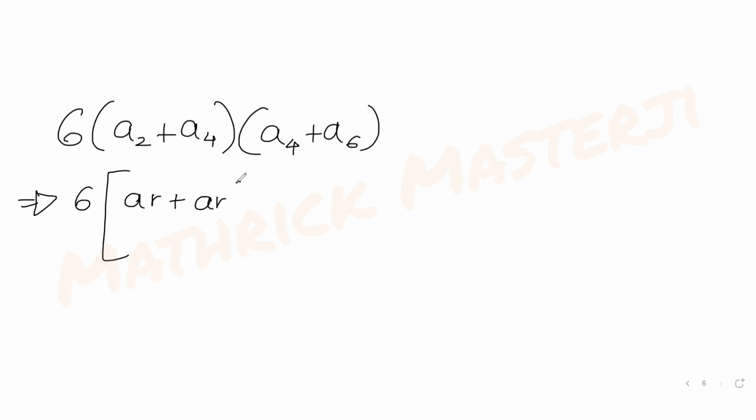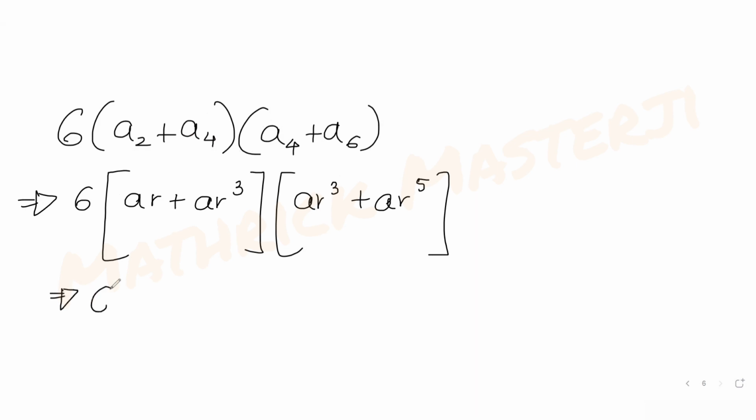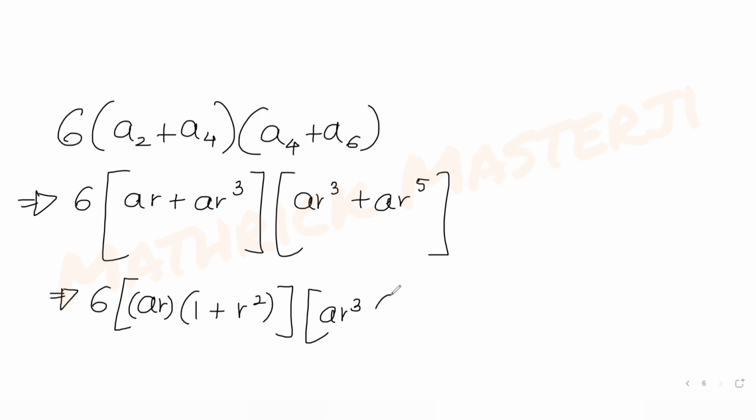A4 is nothing but a r cube. Here you get a4 is again a r cube, and a6 is a r to the fifth. So from this expression, if I solve this further, I get 6 a r common, and you have 1 plus r square. Here you have a r cube common, 1 plus r square.